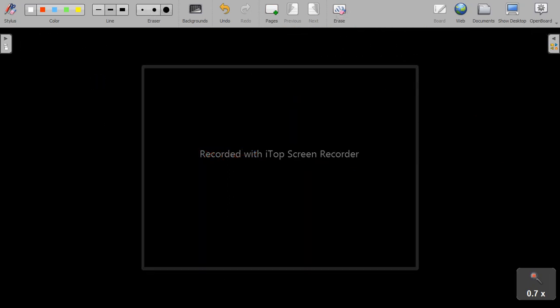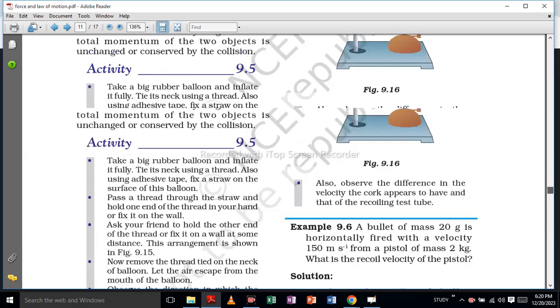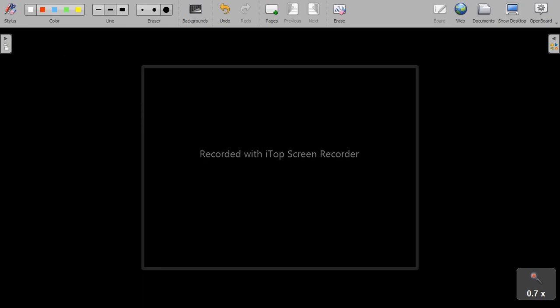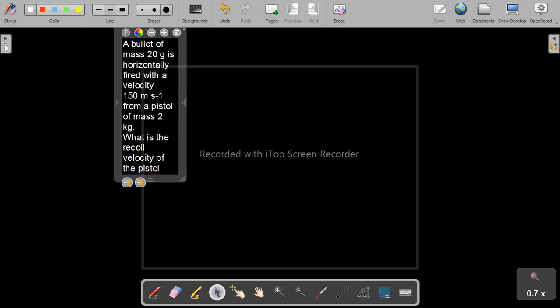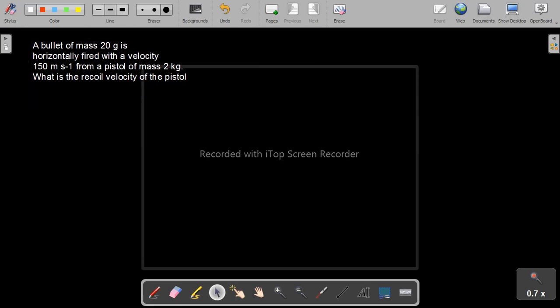Let's take one question from your textbook. Can you see the question?